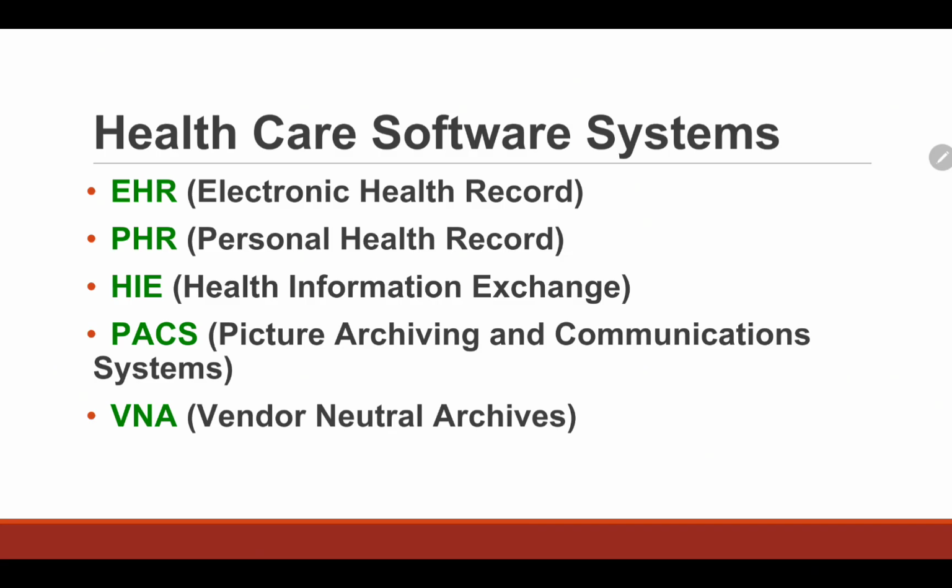For example, we have the EHR, which refers to electronic health record, and PHR, which is the personal health record. Guys, you should memorize what these stand for, like HIE, PACS, and VNA, because they will appear in our exam, and most likely they will just be abbreviated.